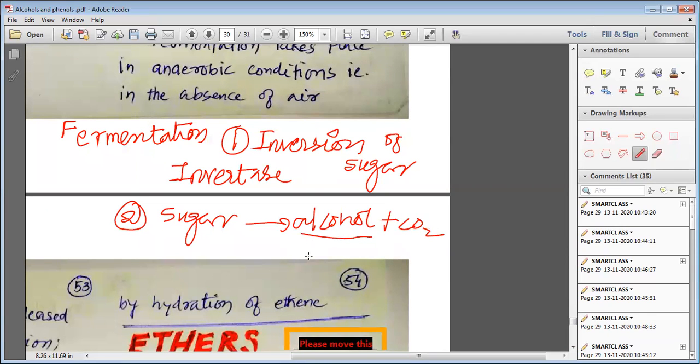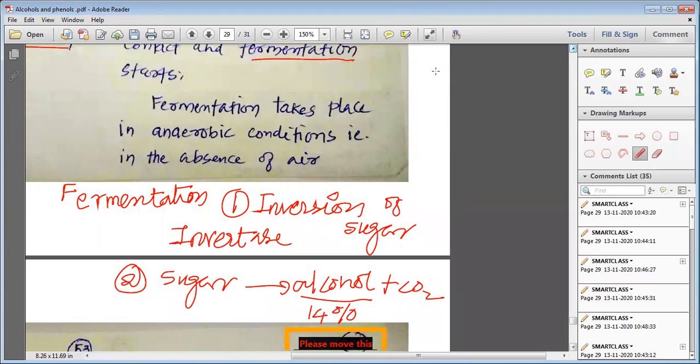This alcohol content goes up to a maximum of 14%.